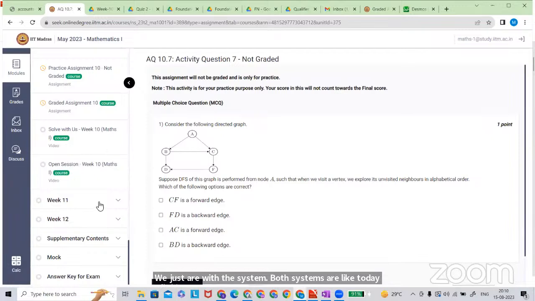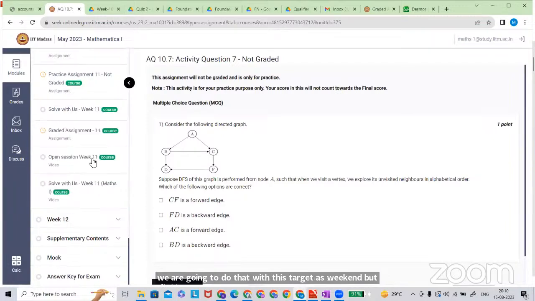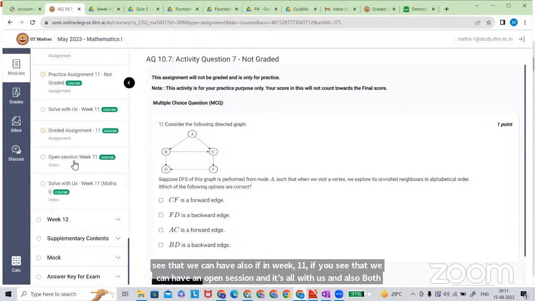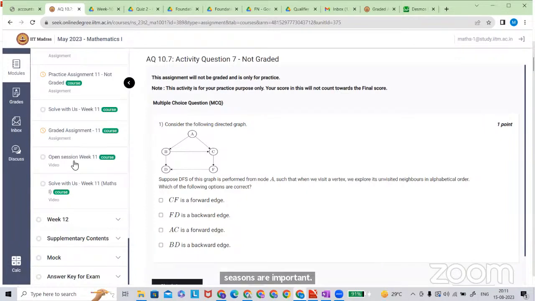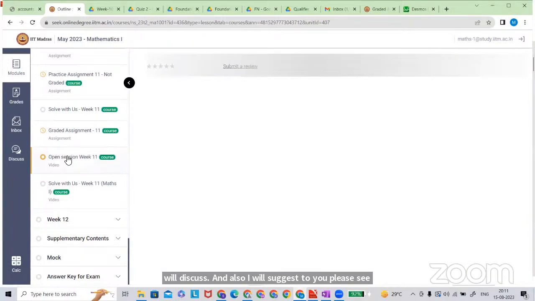Week 11 also has an open session and a solve with us session. Both sessions are important. I also suggest you please see this open session, it is important for week 11 too. Once you see it, it will clear your doubts.